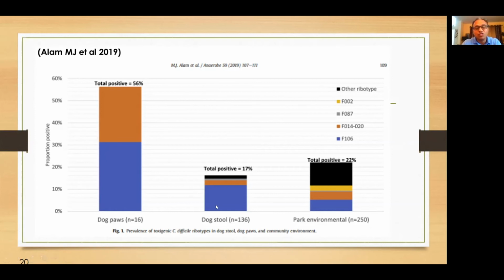And in dog stool, it was 17%. And in the dog park environment, community environment, we got 22% positive for toxigenic C. difficile. And we also found some important ribotypes associated with these samples.